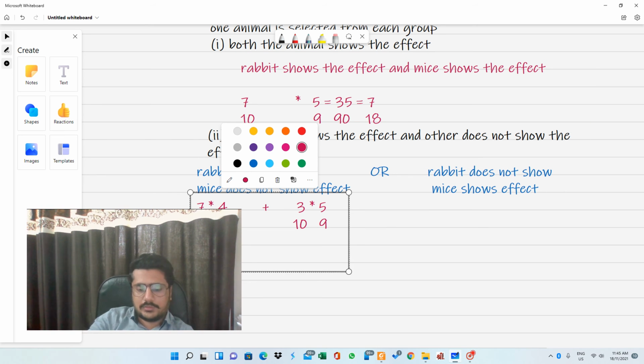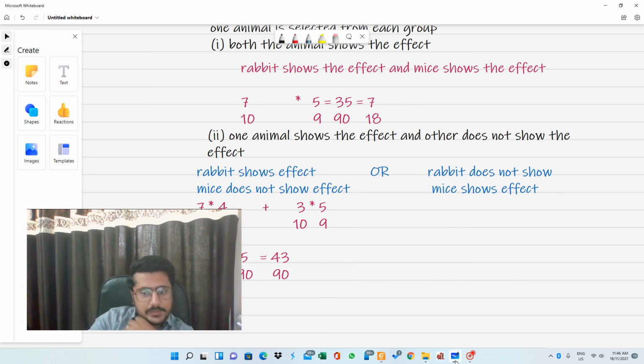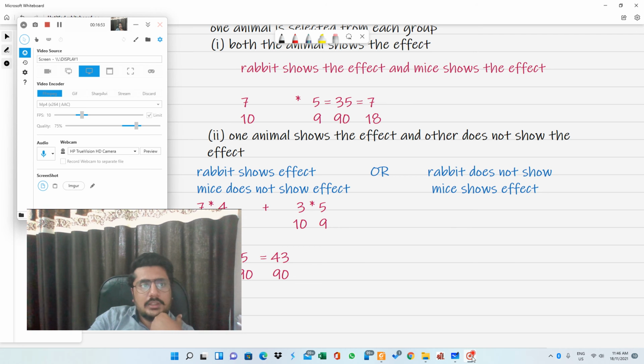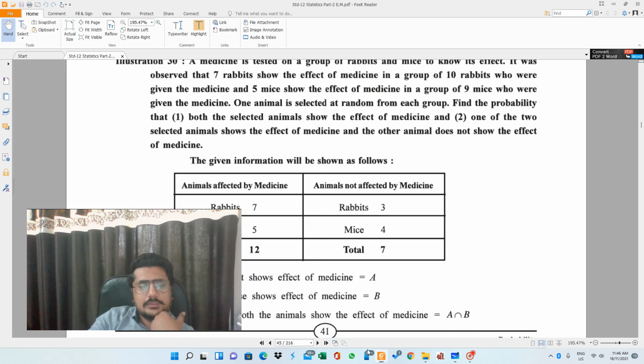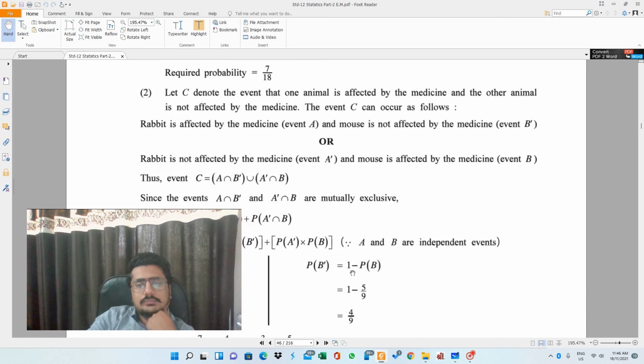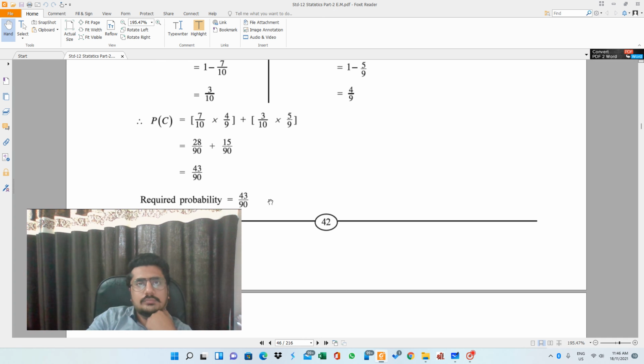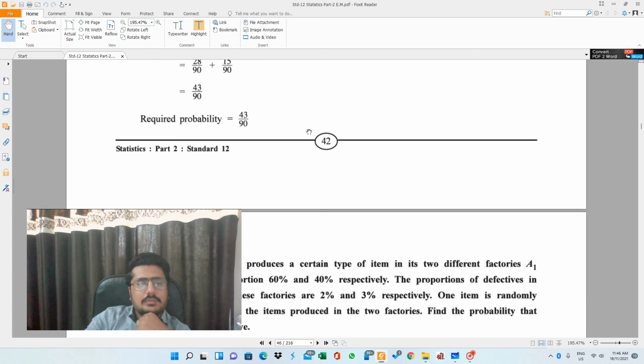So it is 28 upon 90 plus 15 upon 90, which gives 43 by 90. So my answer is 43 by 90.